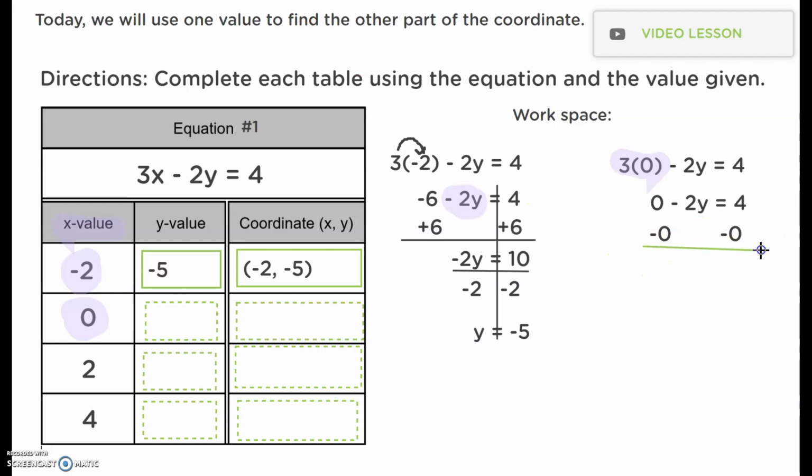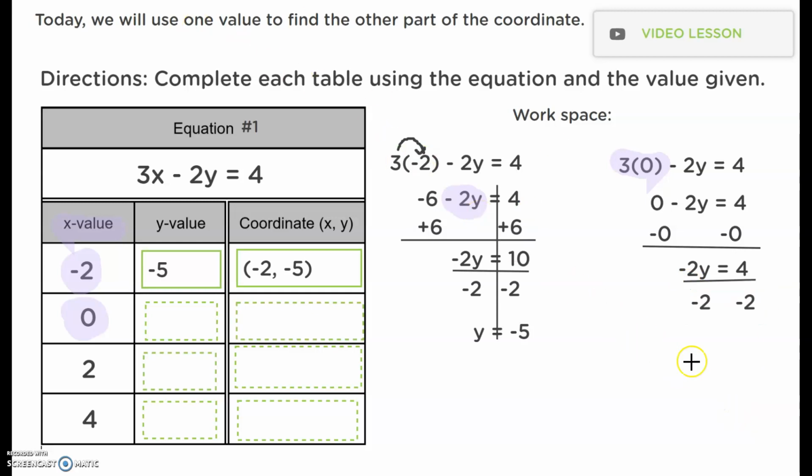When you do that, you're going to be left with the negative 2y. Remember, if it's being subtracted, it has a negative value, equaling 4 minus 0, which is 4. And then finally, divide by that negative 2 on both sides.